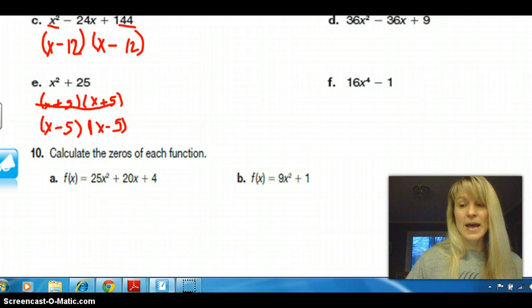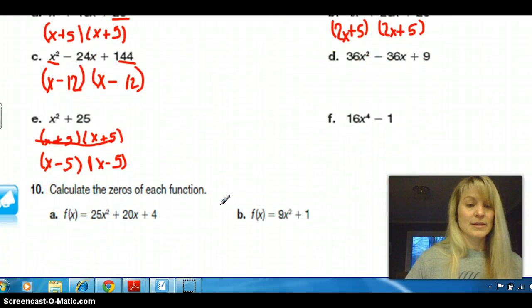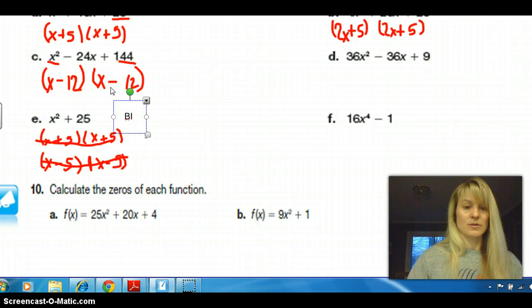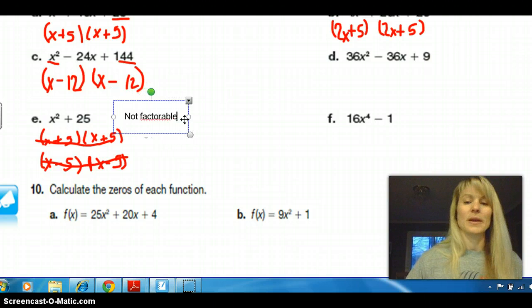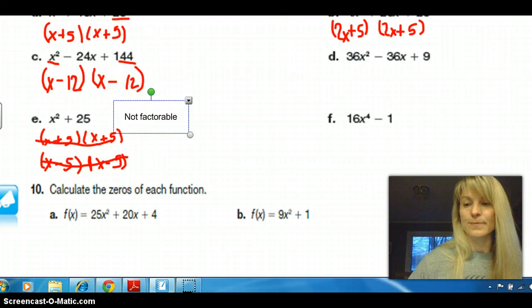The only time we're going to not have a middle term is if it's a minus plus. So again, if I multiplied this out, I'd get negative 5x, and negative 5x would give me a middle term of negative 10x. So this one we just say is not factorable. This is impossible to factor. So we just say not factorable.